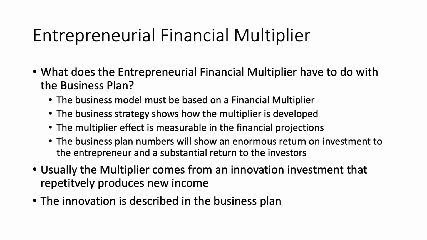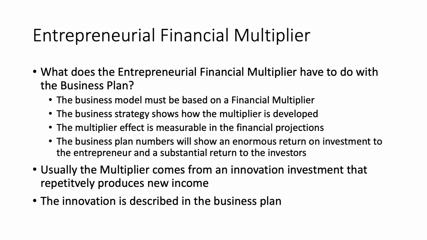The business plan numbers then will actually show an enormous return on investment to the entrepreneur himself and also to the investors. These numbers will be quite easily readable and determined by looking at the financial projections.